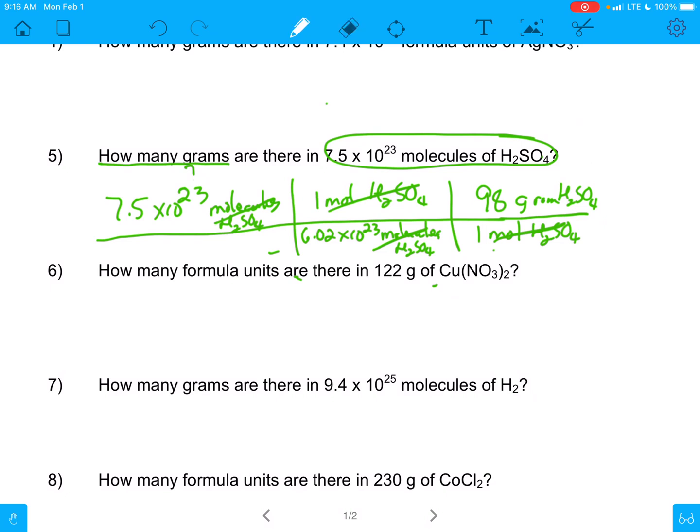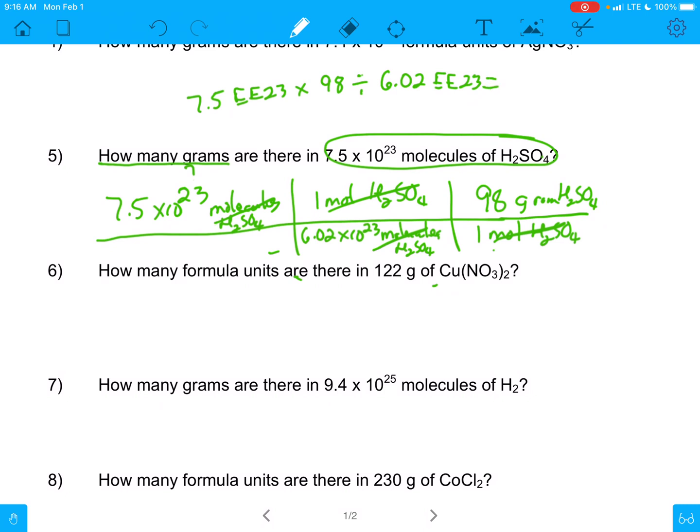And we're going to come back over here. And when I put everything into my calculator, if I were to actually write that out, it would be 7.5 EE23 times 98 divide by, sorry, my finger is touching the screen and it's causing it to divide by 6.02 EE23 equal button.